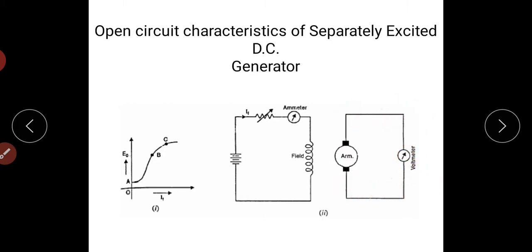We know that the resistance of the voltmeter is infinity, so the voltmeter connected means it is under no load condition. Now the graph is between the no load generated EMF, the voltmeter reading, versus field current. One ammeter is connected in series with the field winding, which measures the current flowing through the field winding. If you draw the graph between this voltmeter reading E0 versus ammeter reading IF, the graph is called open circuit characteristics.